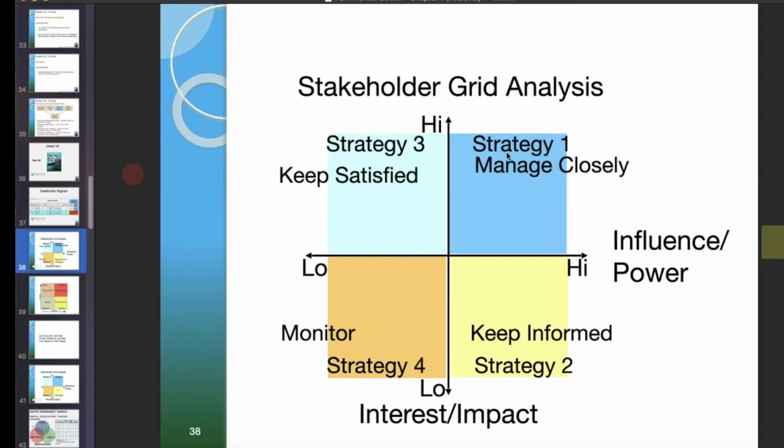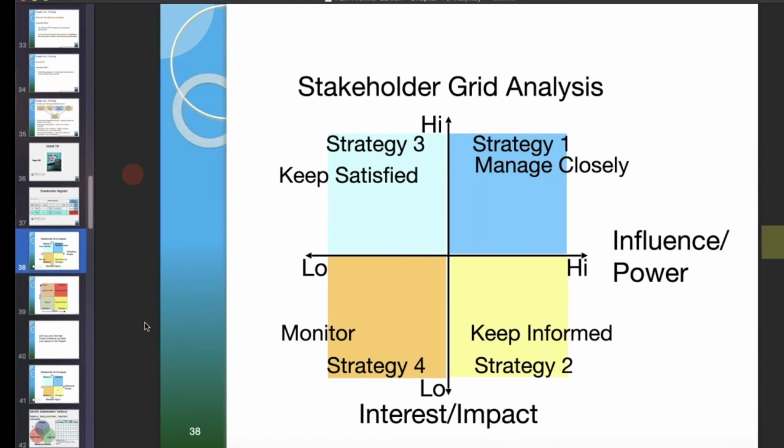You need to remember strategy 1 means manage closely. They might not even say strategy 1. They might say the following stakeholder needs to be kept satisfied. Where would you put them on a grid analysis? The answer would be strategy 3. Or they could ask it as, would you put a person that needs to be kept satisfied more important than people that you manage closely?